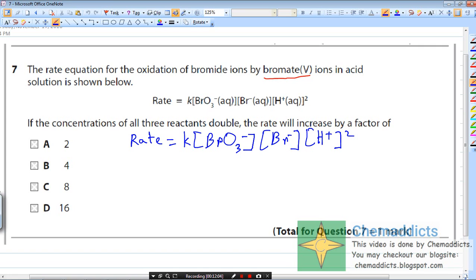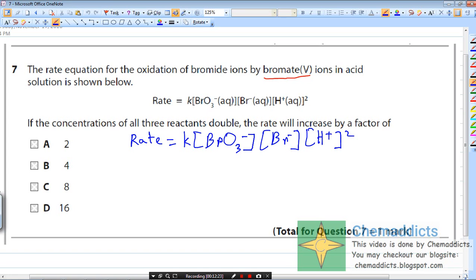Here the order of bromate is 1, the order of bromide is 1, the order of H plus is 2, as we can see from the rate equation, where the powers represent the order of that particular reactant. So here there are 3 reactants.